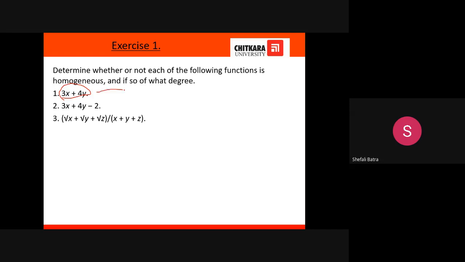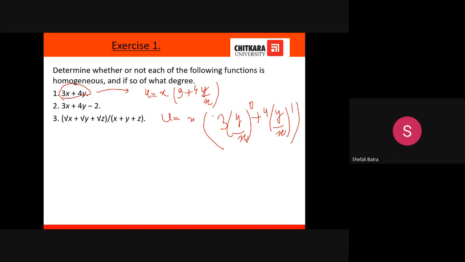But if I'm able to represent this in either of those forms, x power n function of y by x, so if I'm taking x outside, I can represent it like this, 3 plus 4 y by x. So u is equal to x times 3 y by x power 0 plus 4 y by x power 1.